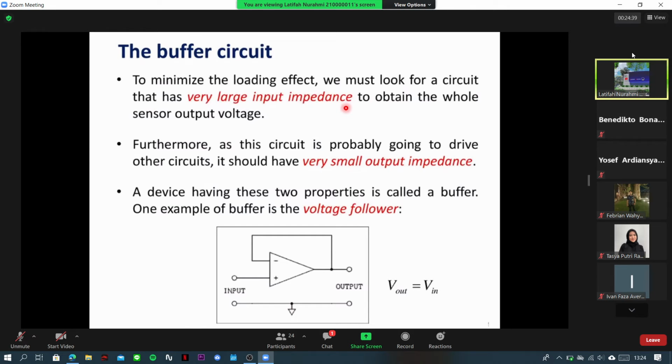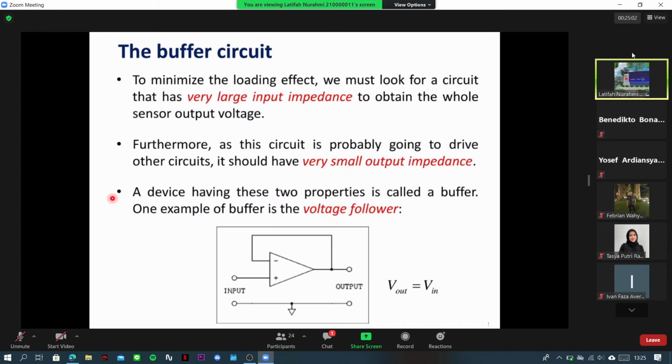About impedance and filtering, we will learn about this in the next meeting. And point number 2, as this circuit is probably going to drive other circuits, it should have very small output impedance. So it should have large input impedance, but very small output impedance.